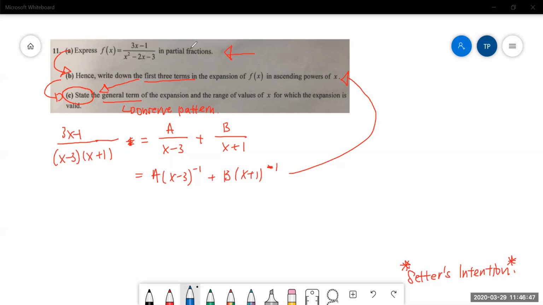Never mind, then you send to WhatsApp. Yeah, I sent to you already.